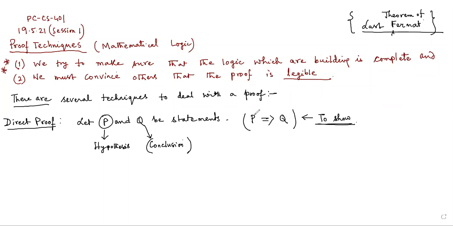Now, when a particular statement is given like this, the question which comes to our mind is this: on the left-hand side of us, we have the statement capital P. On the right-hand side, we have the statement capital Q. In between, I'm going to write some lines, some mathematical statements, some mathematical arguments. Those are legible.